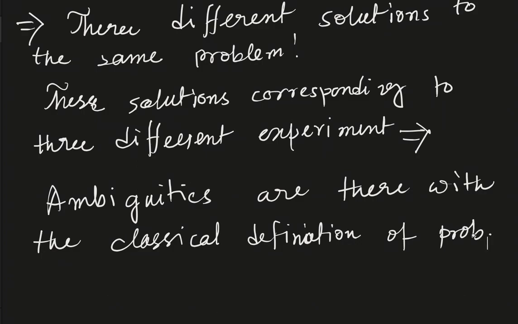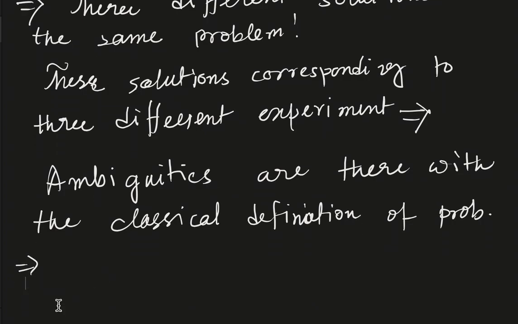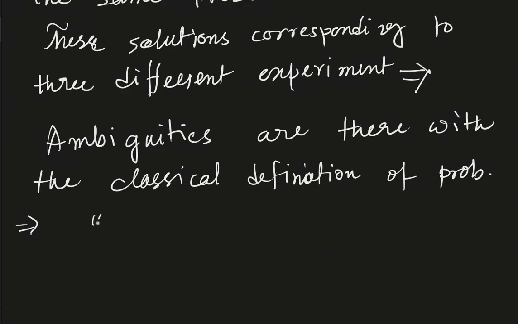Okay, and what is the problem here? The problem is that in the definition, you see that we use the words favorable and equally likely.